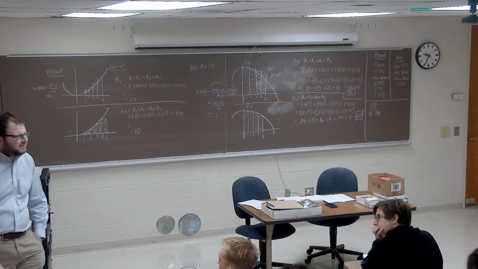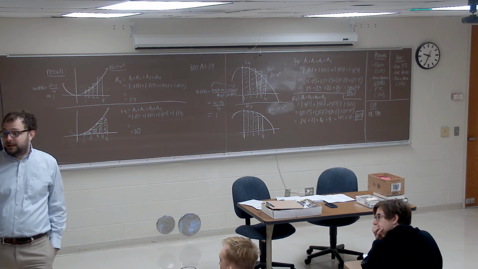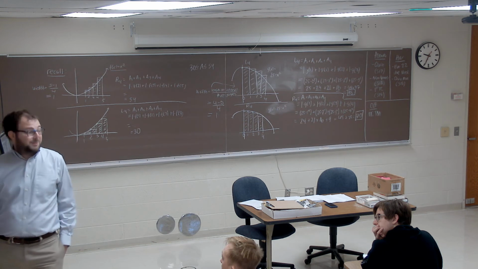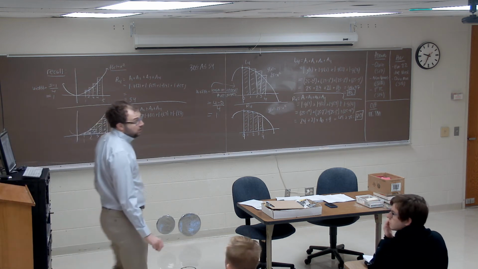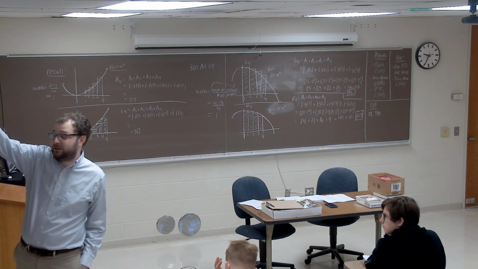What would be the height of the second rectangle? Is it 2? It would be g of 2. Yeah, you would plug in 2 into the function, because the first rectangle goes from 0 to 2, has a left endpoint of 0.